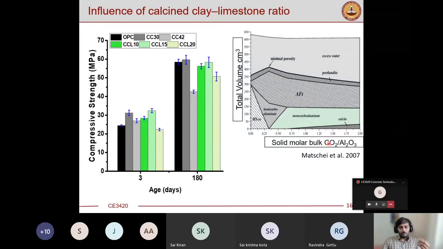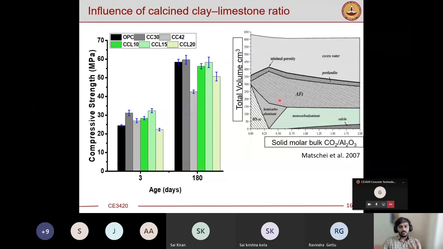So when you have an optimal combination of carbonate to aluminate, which in the practical scenario is more like a ratio of calcined clay to limestone, then you have a higher amount of solid volume, which is the volume of your hydration products, which will produce minimum porosity in your matrix. And when you have minimum porosity, you obviously have higher strength or durability in your mixtures.